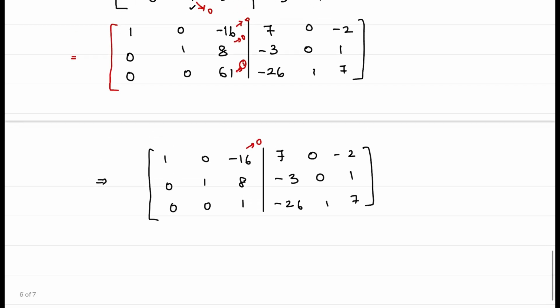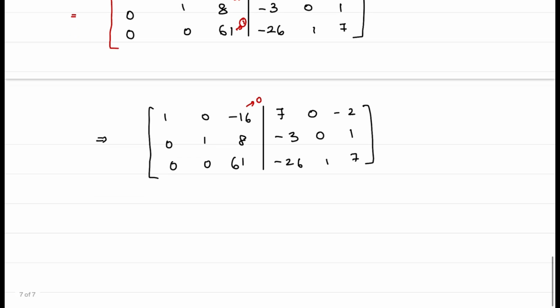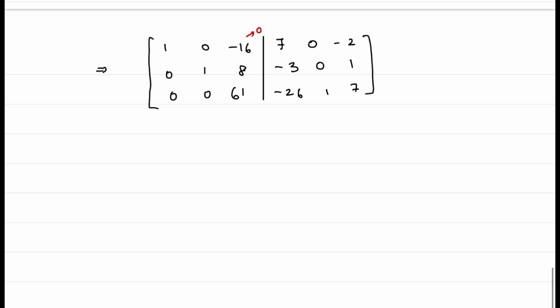This is 61, sorry, it is not 1, this is 61, and I have to make it as 1. My goal is this. I have to make this one as 1, this one as 0. This is my goal.